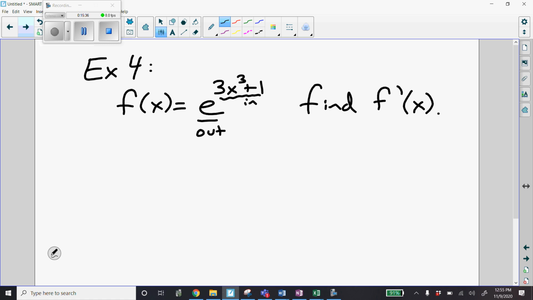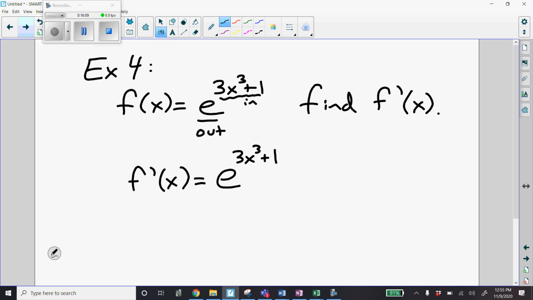So to find f prime of x here, now I know the derivative of e to the x is e to the x. I know e's derivative is itself, but I have to do that derivative of e with respect to the inside. So the derivative of e to the x is e to the x, but I do the derivative of the outside with respect to the inside. So this derivative starts out exactly like f of x.